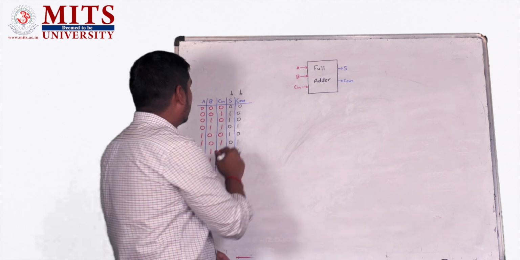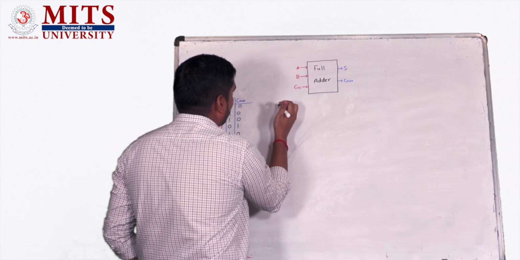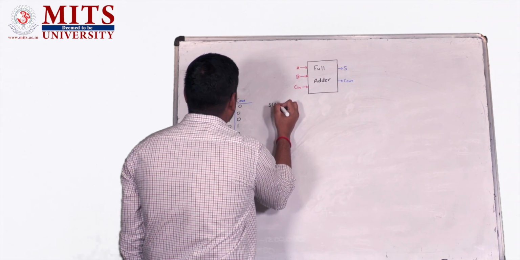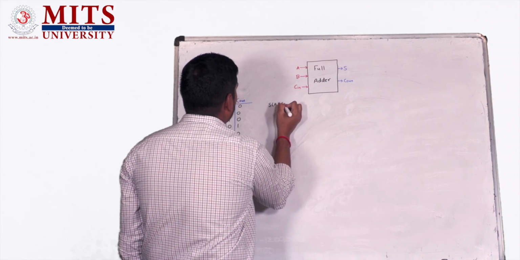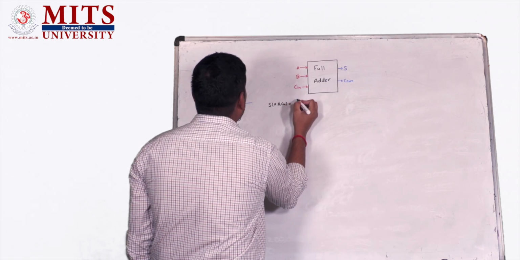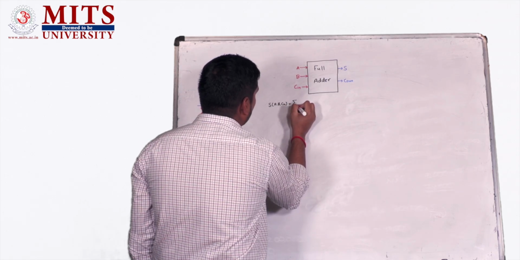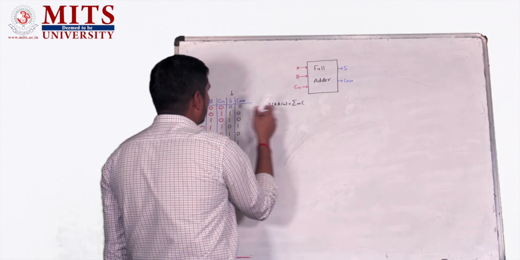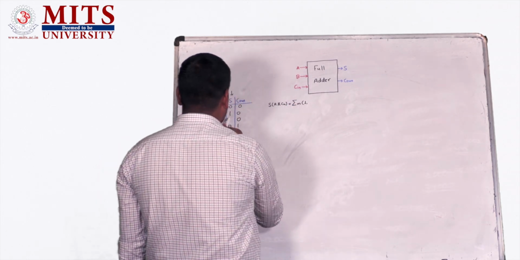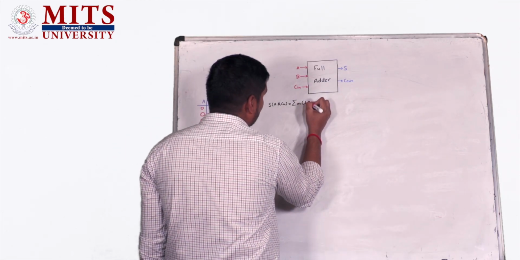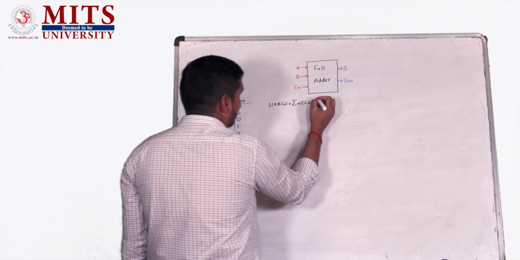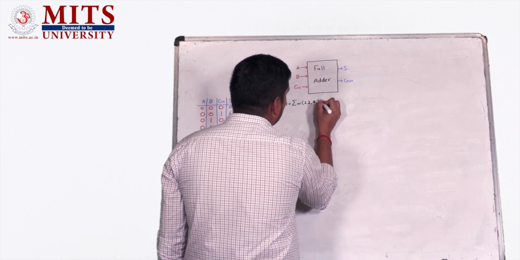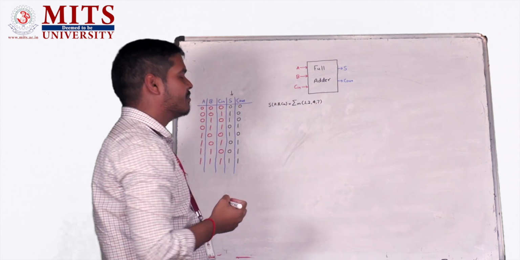So first we will start with the sum output, and we will write this sum as an expression as a function of A, B and C in inputs, and it can be expressed as a sum of several min terms, which are this one 0 0 1, that is 1, and corresponding 0 1 0, that is 2. Then we have 4, and then we have 7. 1, 2, 4, 7, that is for sum output.